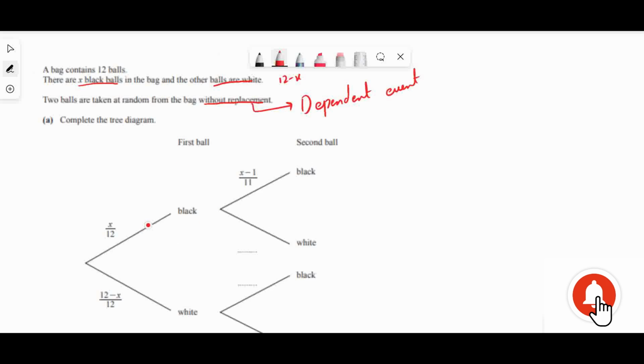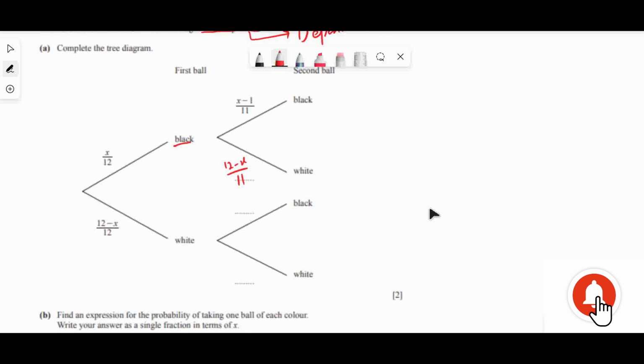For the first one, as we are picking a black ball, it will reduce one of the black balls, and it also reduces the total by one. The next one is the white ball. We have picked the black ball, so the white ball will not be affected. So 12 minus X whole is divided by 11. So it will reduce the total number of balls. Now in the next portion it will be white.